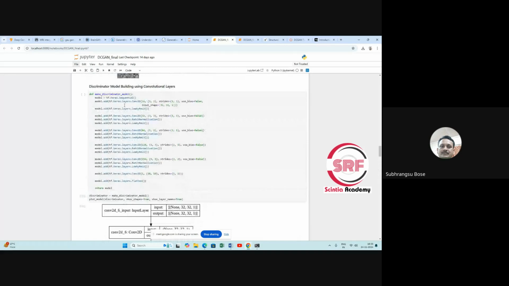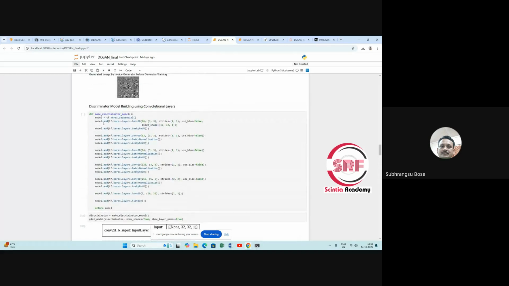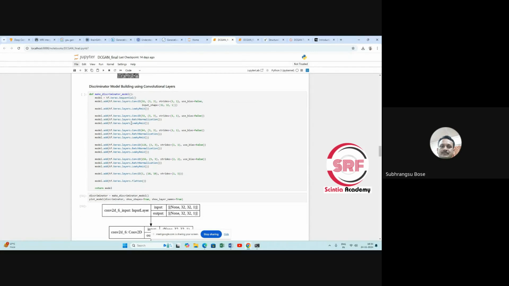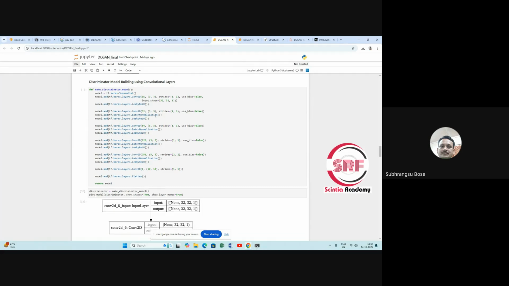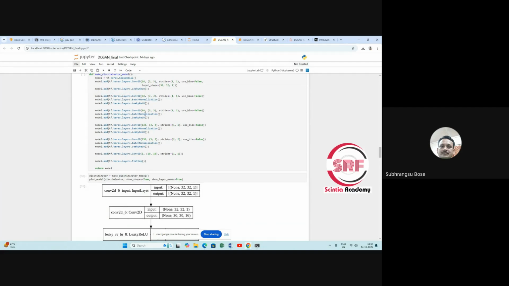We input TF Keras sequential, the primary algorithm of the CNN model, and then conv 2D 16, 3x3, strides, bias false, 32 by 32 by 1 image shape, that is 32 pixel, one channel dimension, sorry. ReLU and leaky ReLU is the activation function, and then next step 32, 64, 128, 256.